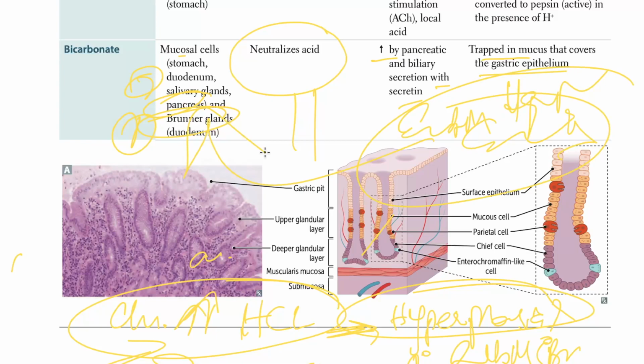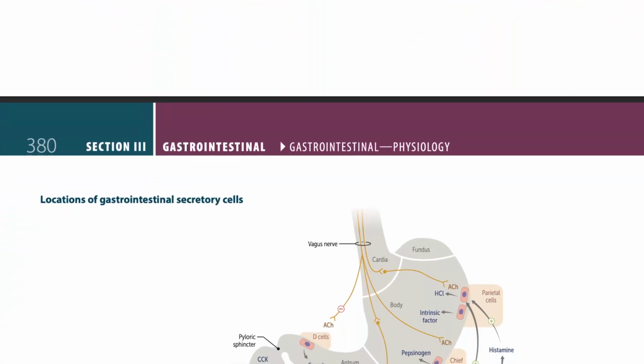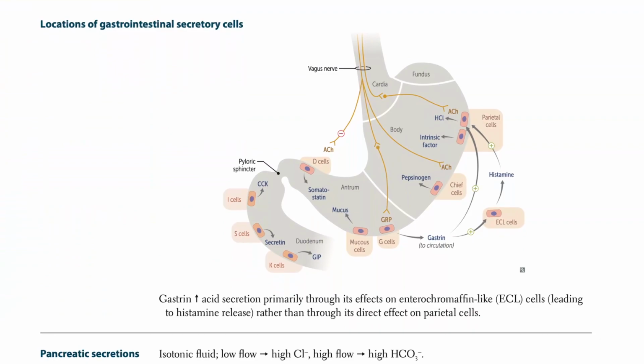Okay, now let's go on to the next thing. Location of the GI secretory cells. G cells secrete the gastrin. Gastrin directly stimulates the parietal cells, but that is only about 10%.